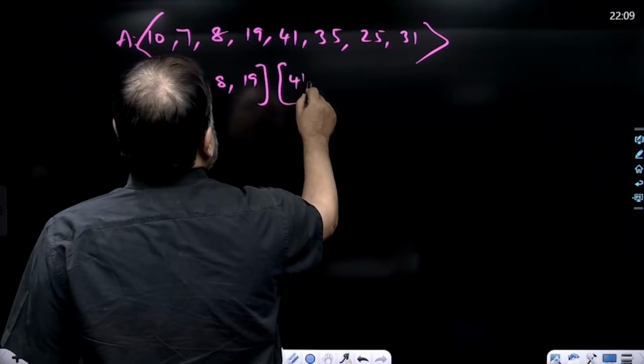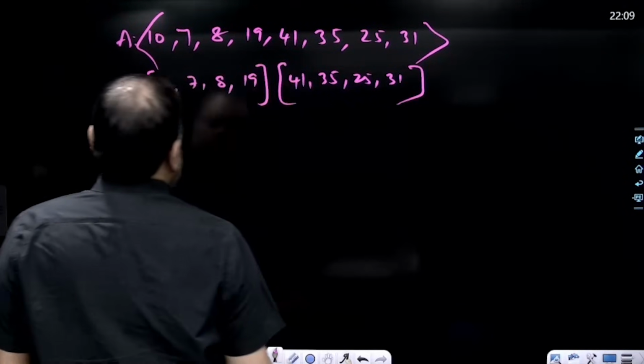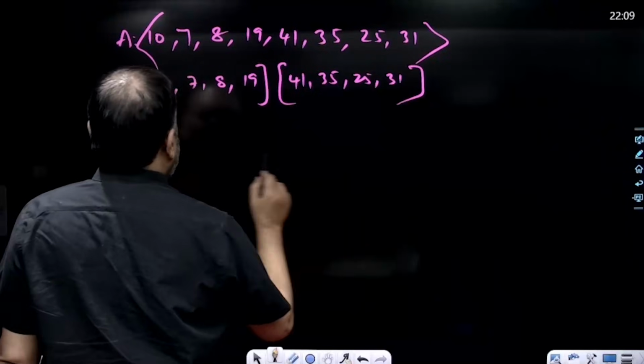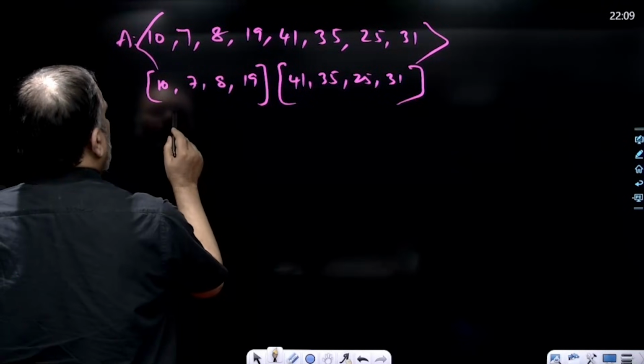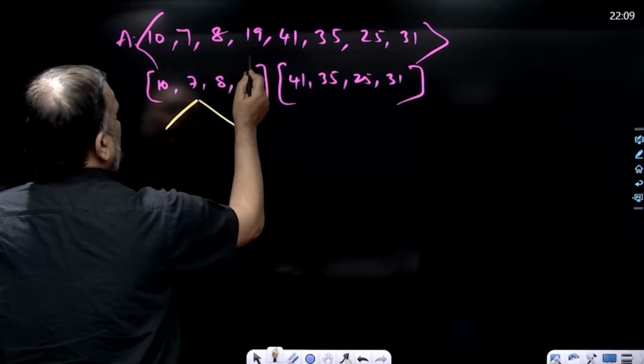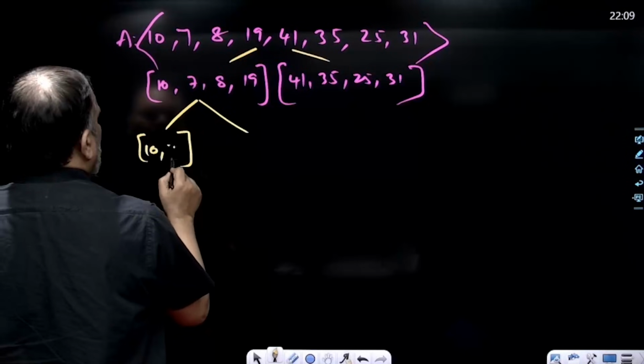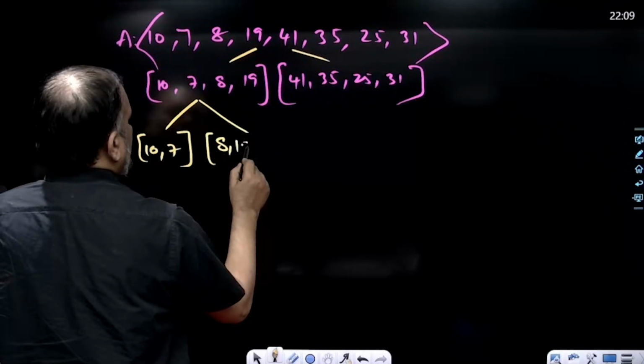And the other is 41, 35, 25, 31. So this has to be divided again. This will get divided into 2 elements each, 10 and 7, and 8 and 19.